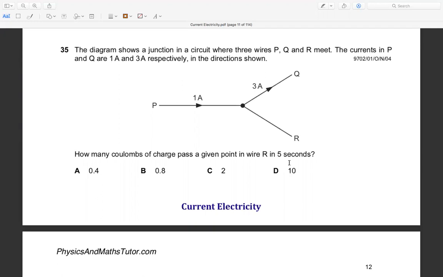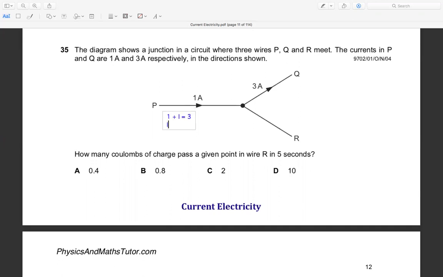We combine two questions. The first one is about Kirchhoff's law. The current on R equals, sorry, the input: 1 ampere plus I equals 3 amperes.